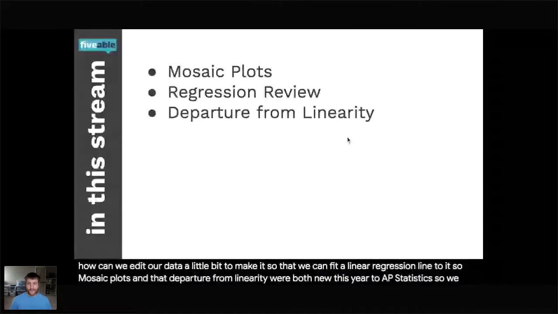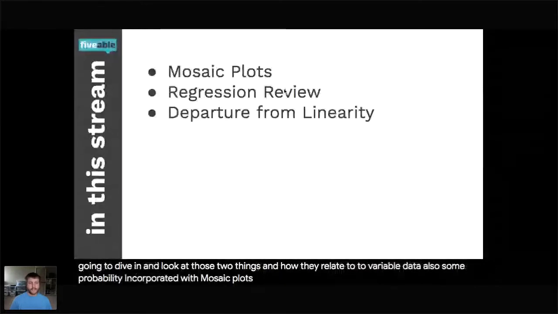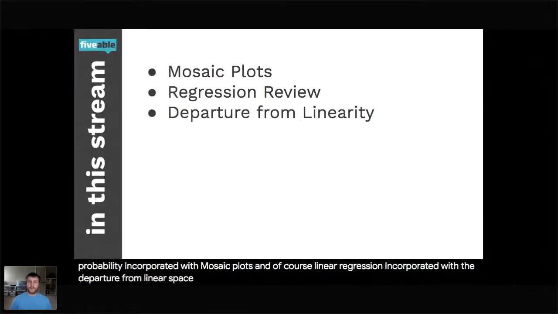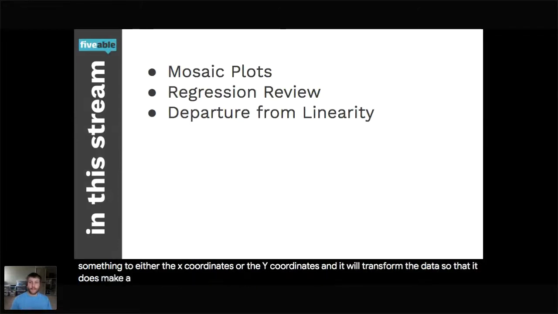Basically, we're going to take data that is not linear, and do something to either the x coordinates or the y coordinates, and it will transform the data so that it does make a linear curve.